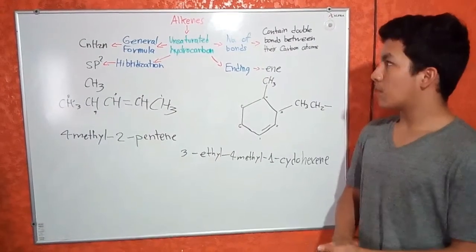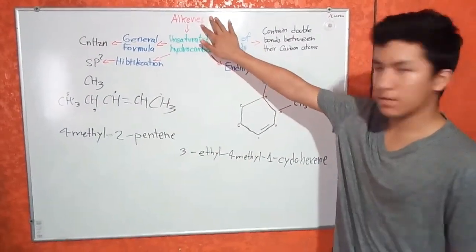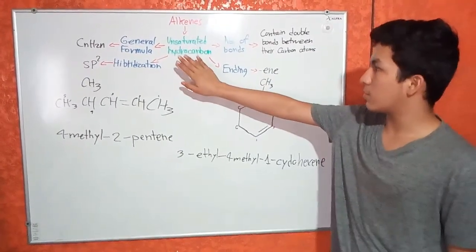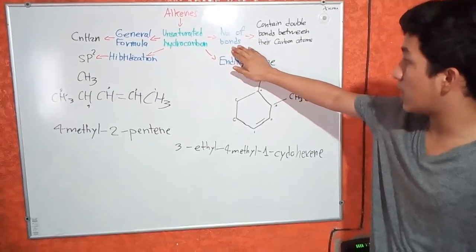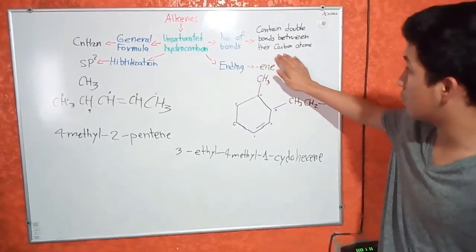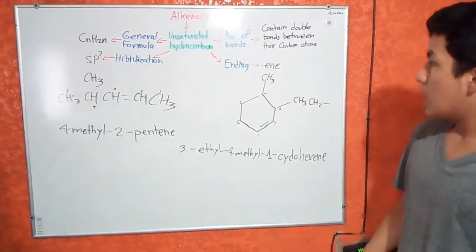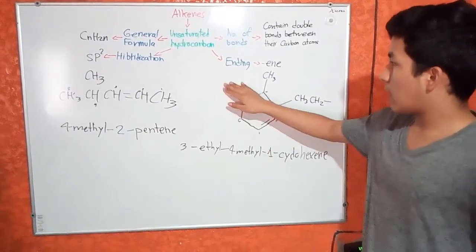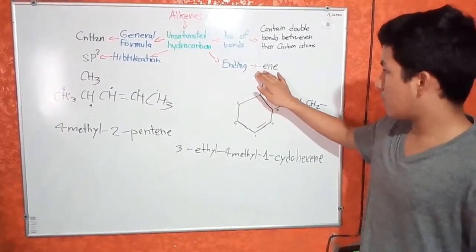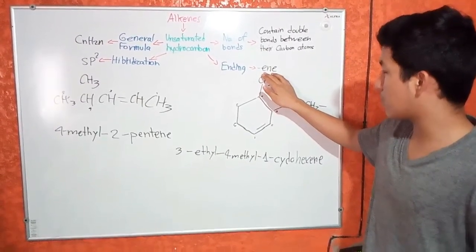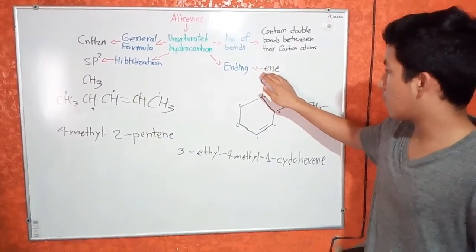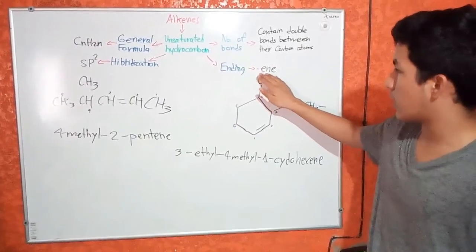Okay, I'm going to talk also about the alkenes. They are classified as unsaturated hydrocarbons. The number of bonds that they have between their carbon atoms is 2, the double bond. Their compounds always end in the three final letters "ene", which are pronounced like "in".